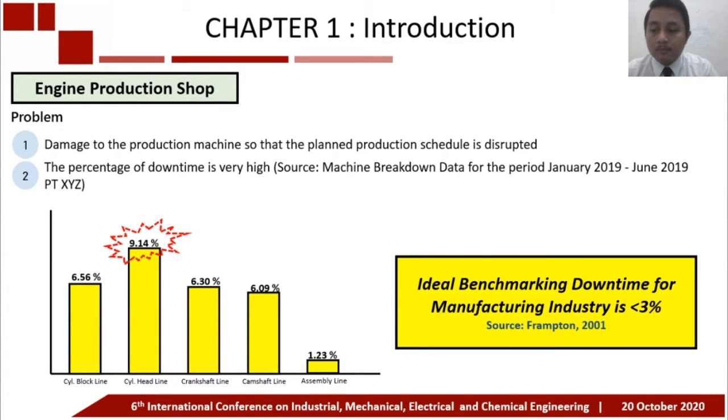The problem of this research is damage to the production machines, so that the planned production schedule is disrupted, which is indicated by the percentage of downtime being very high. The highest percentage of downtime is in the cylinder head line, that is 9.14%, while the ideal benchmark downtime for the manufacturing industry is not more than 3%.